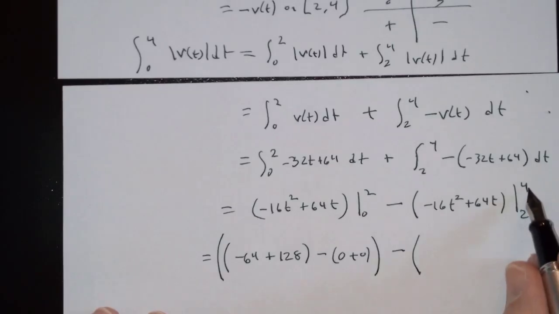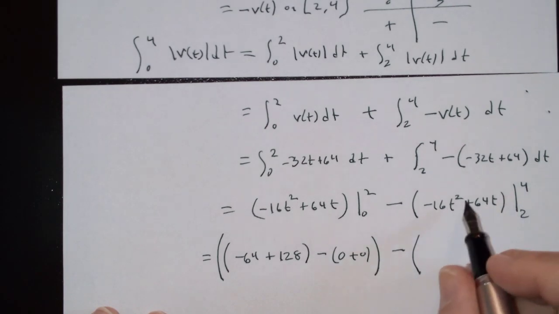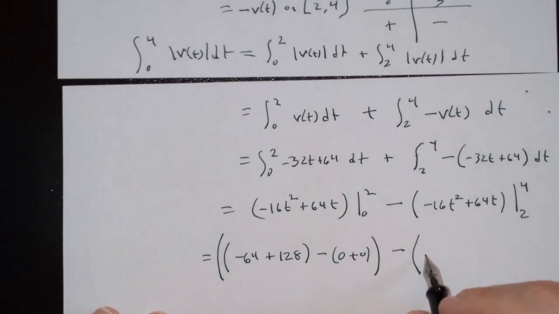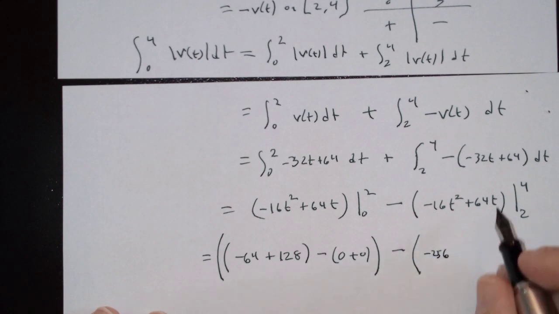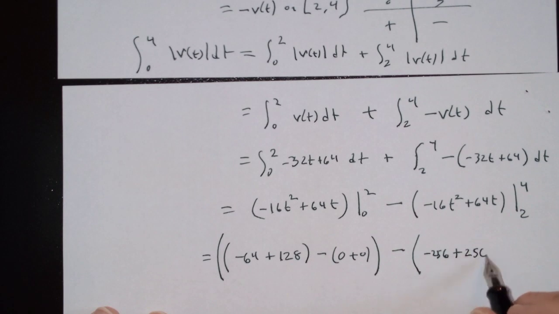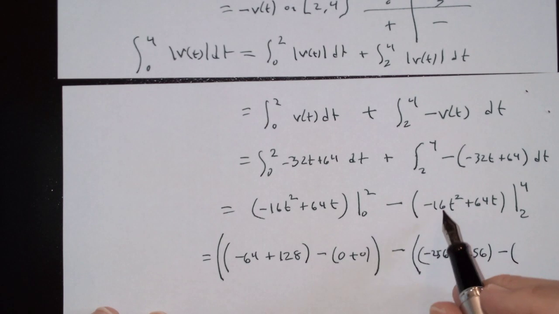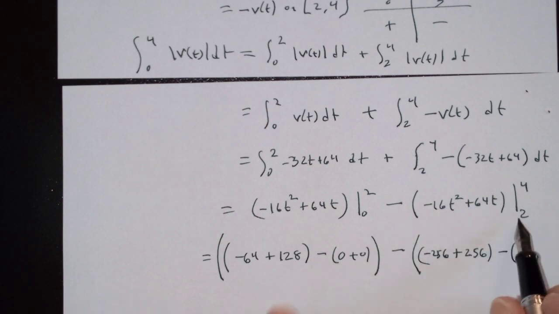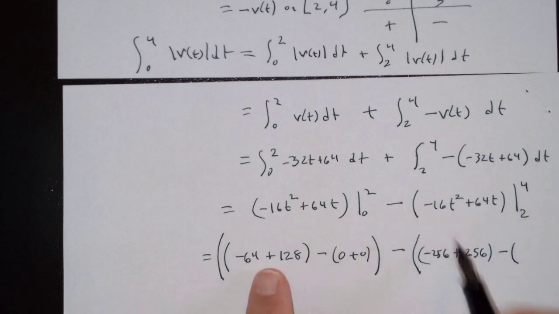Put in 4, and I get negative 16 times 16. That's negative 256. 64 times 4 is positive 256 minus, wait a minute, that's going to be this set of numbers again, isn't it? 64, negative 64 plus 128.